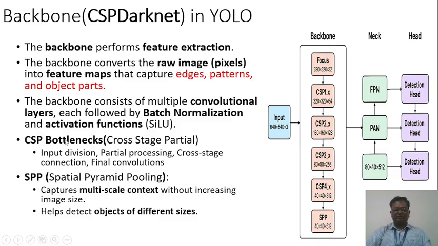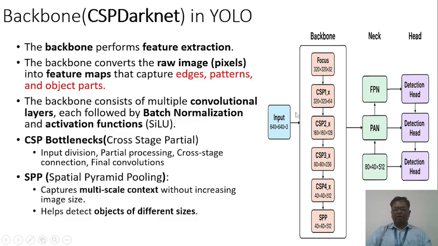What will CSP do? You can see here 320 into 320, 64, again downsampling, 160 by 160, again downsampled, and the same is maintained in SPP. So features are identified at various levels: bigger objects, smaller objects, medium-level objects, all features are identified.